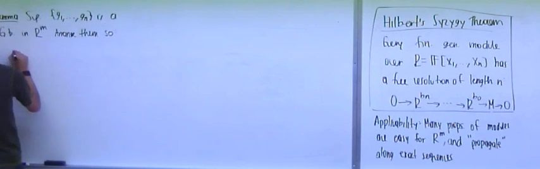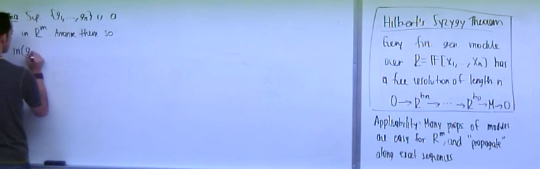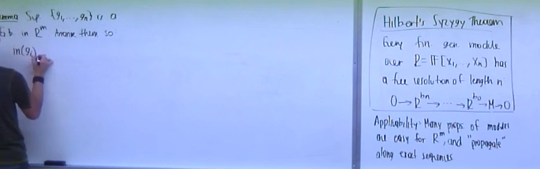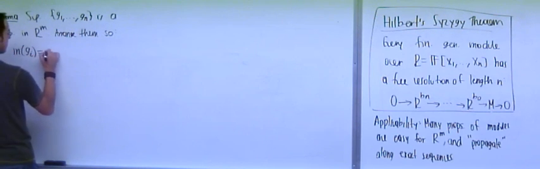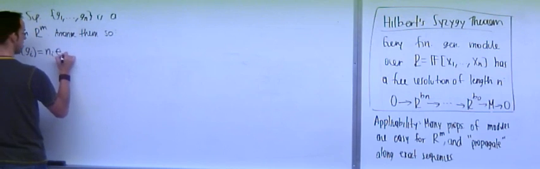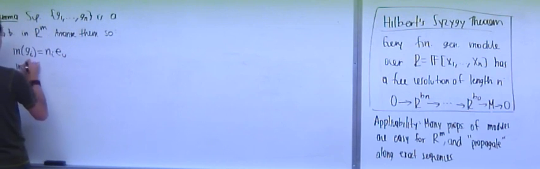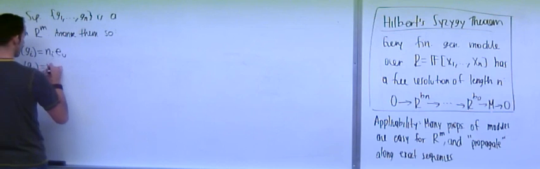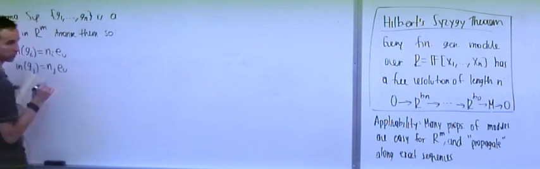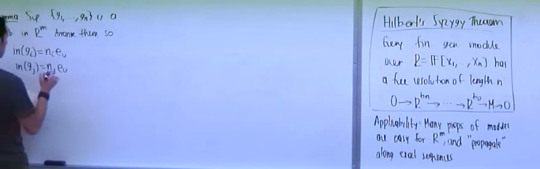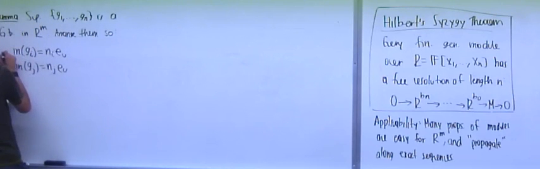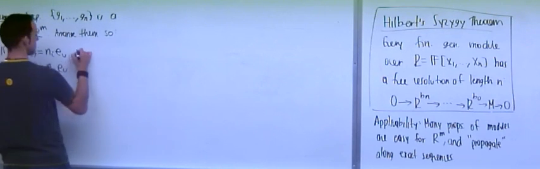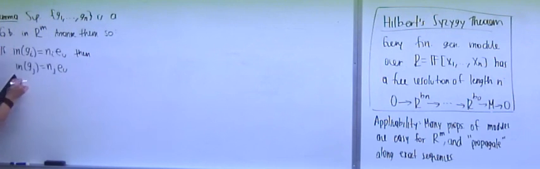And the property is that if the initial term of g_i is some monomial n_i times a basis vector e_u, and the initial term of g_j is some other monomial times the same basis vector, then the point is that the monomials n_i and n_j have an order because they're monomials, and we have a monomial ordering here.